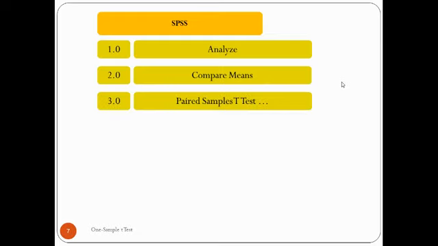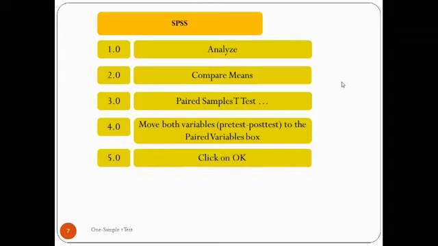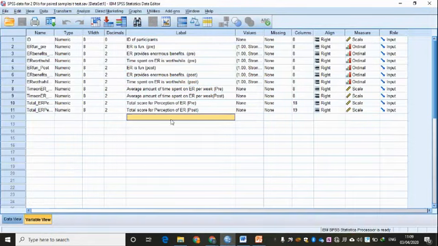Next, Paired Samples T Test, and move both variables, for example, pre-test and post-test score, to the paired variables box. And finally, we click on OK. So these are the steps in order to perform the test in SPSS. So we're going to go to data for practice.